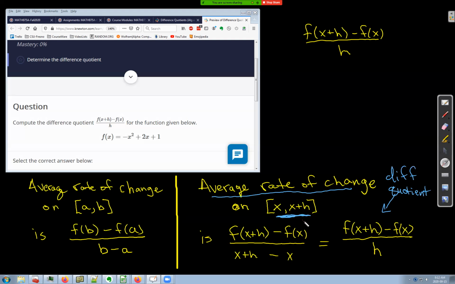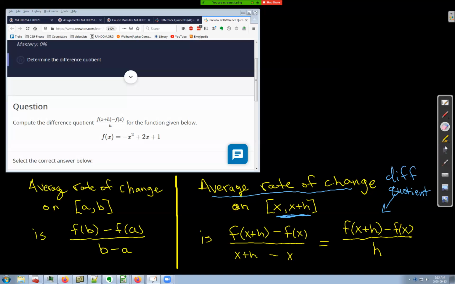The reason is, and you'll see more of this in, I think, module 6, if you think back to when we were doing this, how did we turn average rate of change into instantaneous rate of change? So let me erase some of this stuff here.